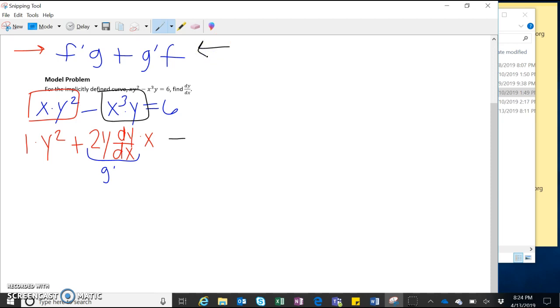So f prime is 3x squared, times g, which is y, plus, here's the tricky part, g prime, the derivative of y, which your instinct might tell you is a 1. But because that's a y variable, I add in my dy/dx, times f, which is x cubed.